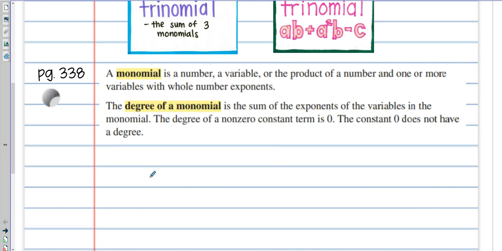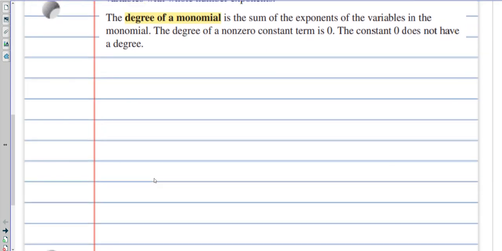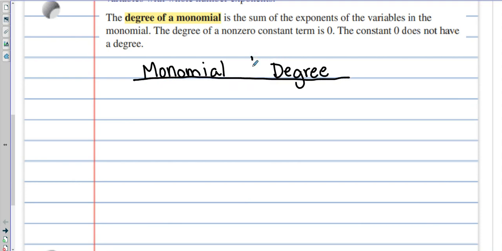Okay, so let's look at some monomials first, and then what's not a monomial, okay? So we're going to make a little chart, and we're going to say these are monomials. And then we're going to figure out what the degree of each one is, okay?